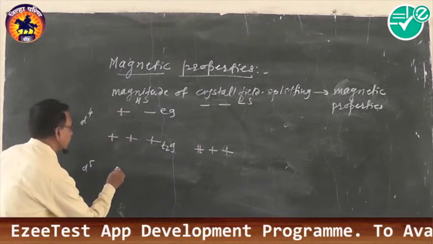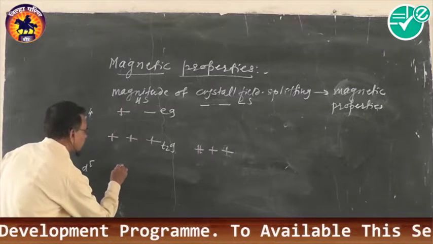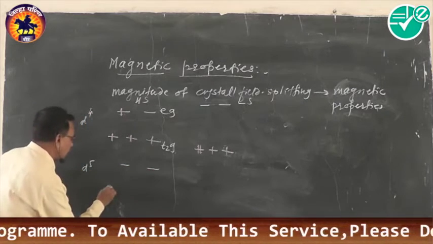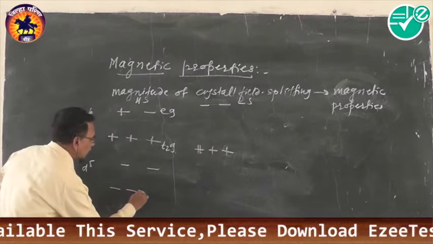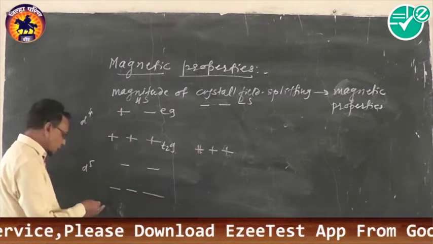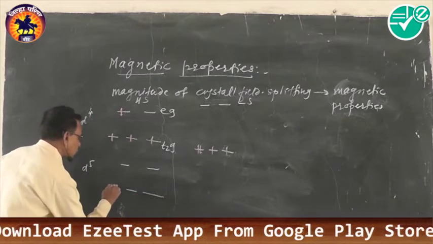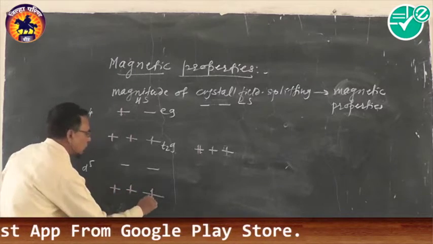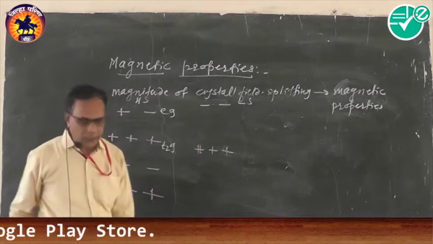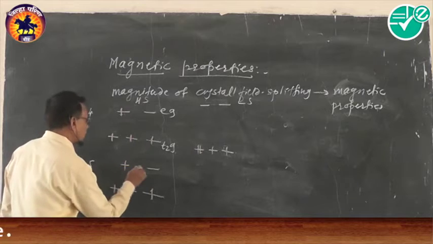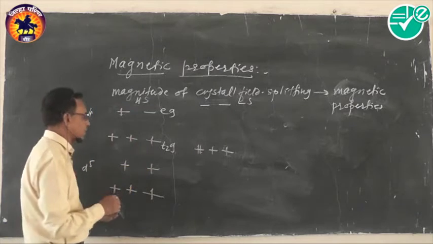In case of d5, suppose this is the eg set of orbitals and this is the t2g set of orbitals. Then electrons enter first in the t2g set, and the remaining 2 electrons enter into the eg set of orbitals in the d5 case.